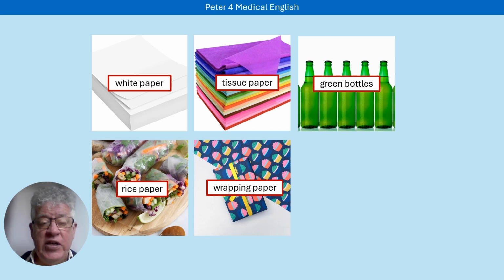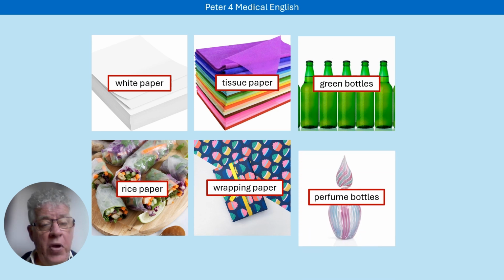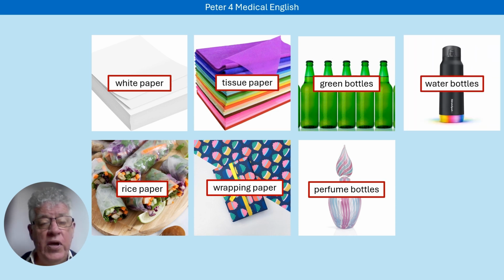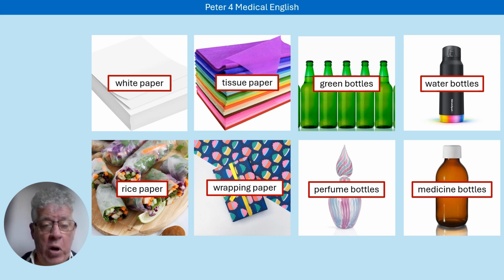Green is an adjective, it describes the colour of the bottle. But there are lots of compound nouns about different types of bottles, such as perfume bottles, bottles that contain perfume, water bottles, and medicine bottles. So compound nouns classify what type of object you're dealing with.